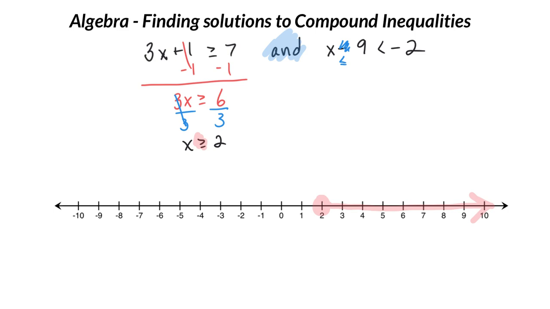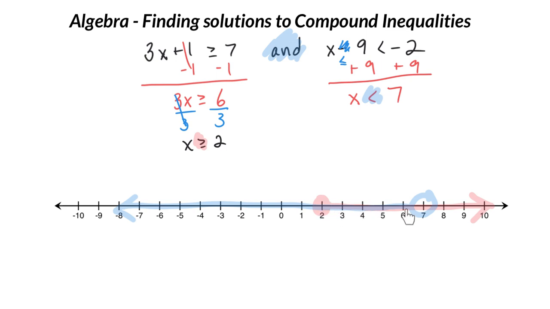Next up, we have x minus 9 is less than negative 2. Well, I'm just going to add 9 to both sides. x is less than 7. So now, less than, I'm going to put an open circle on 7, and I'm going to draw all the stuff that's less than. But remember, this word and means it has to be the stuff that works for both.